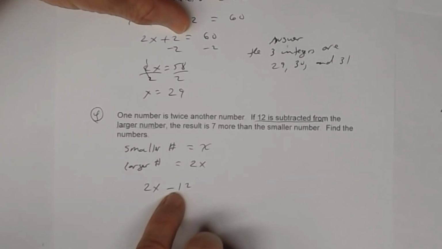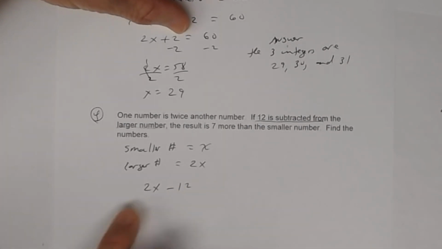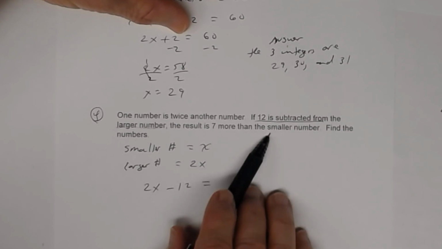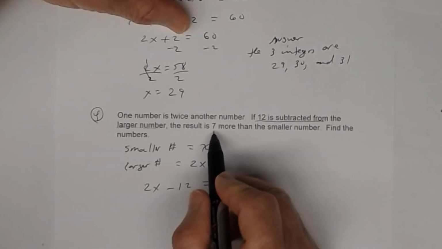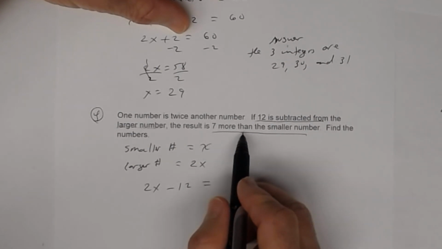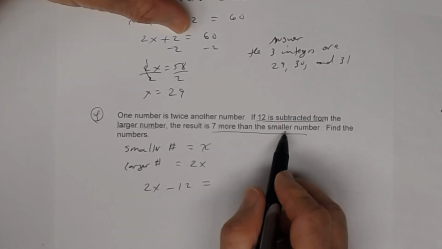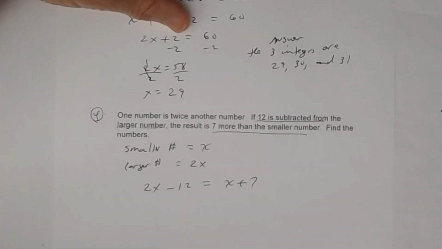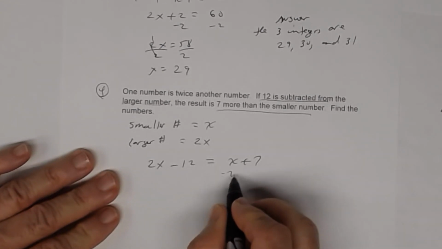The result is 7 more than the smaller number, which means to add 7 to the smaller, which is x. So it'll be x plus 7. So there's your equation.